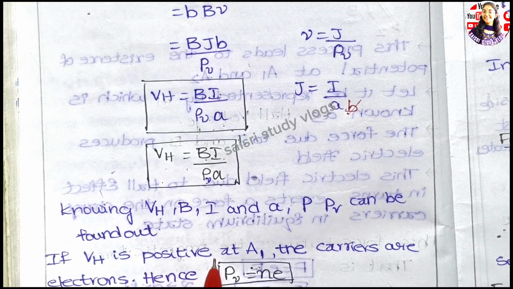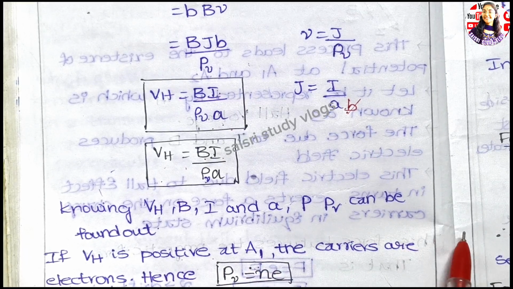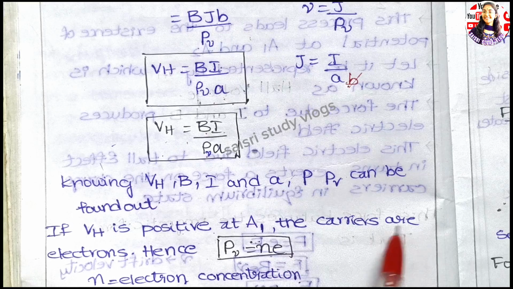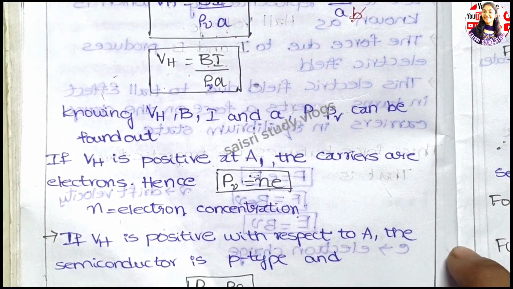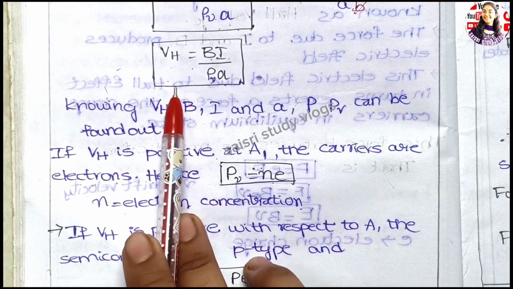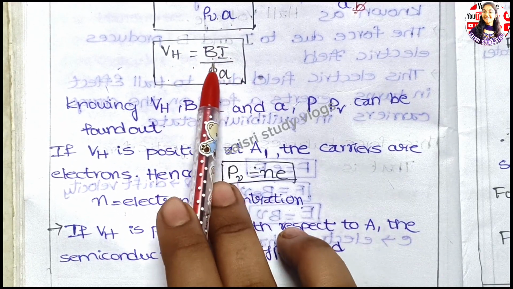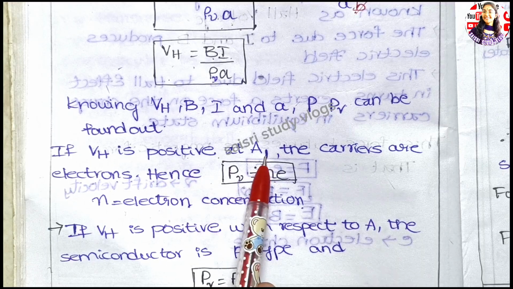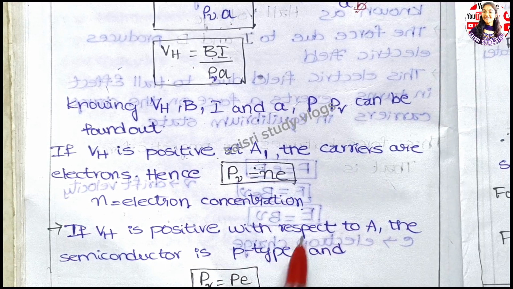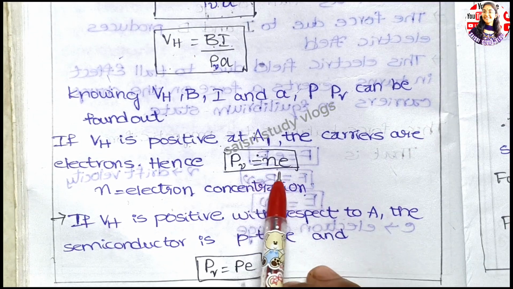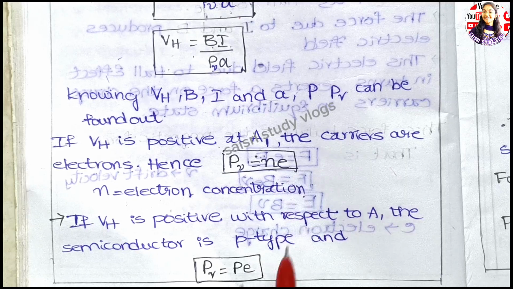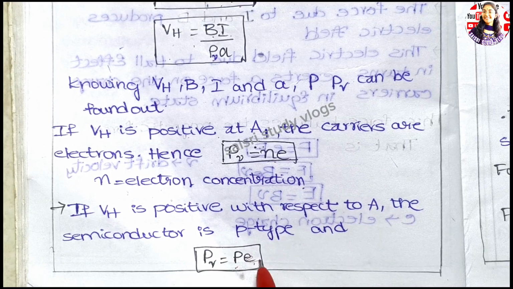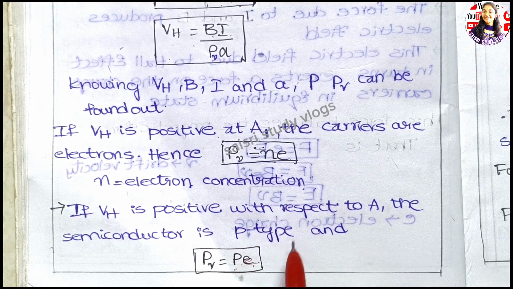So if the Hall voltage is positive at A1, the carriers are electrons. Hence rho V is equal to Ne. Here we have two cases. If the VH value we got after knowing all these values is positive, then we can say that it is positive at A1. If not, it is negative, and the volume charge density is the number of electrons N into E, and if the charge is positive, then the number of holes P into the charge E. So these are the two formulas.